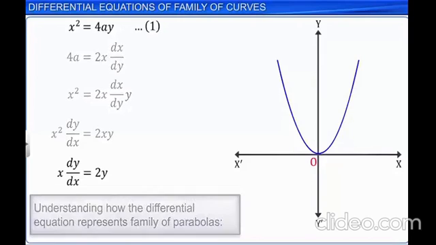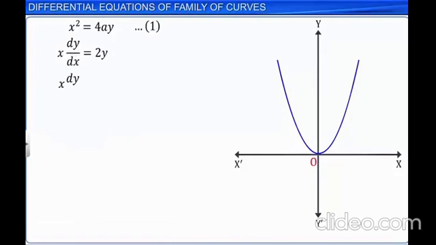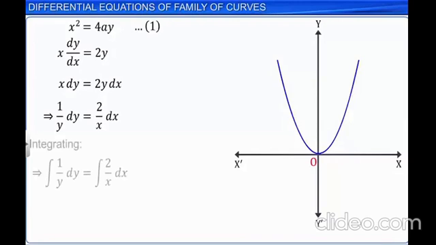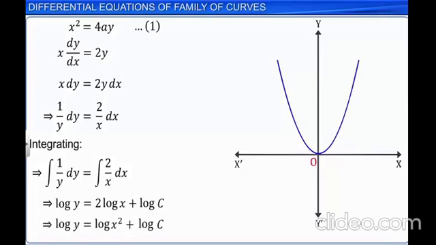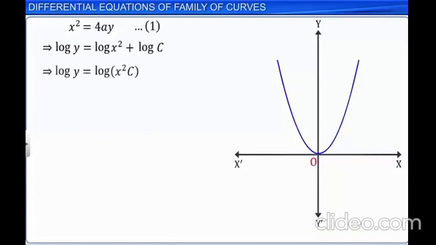The differential equation can be rearranged as shown. Now, integrating both the sides, we get log y is equal to 2 log x plus log c. This implies that log y is equal to log x square plus log c, or log y is equal to log of x square into c.